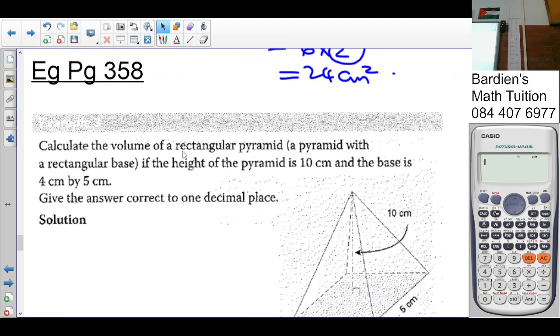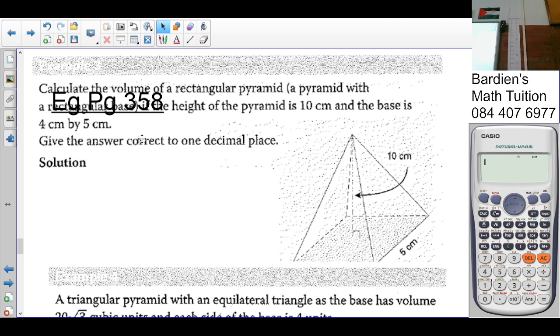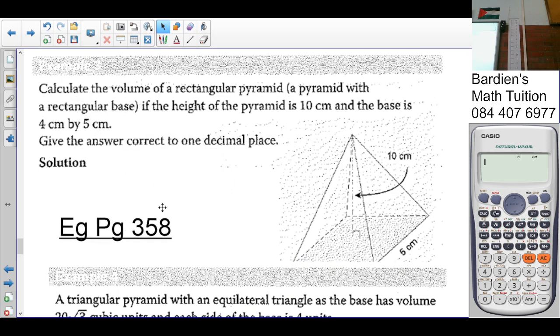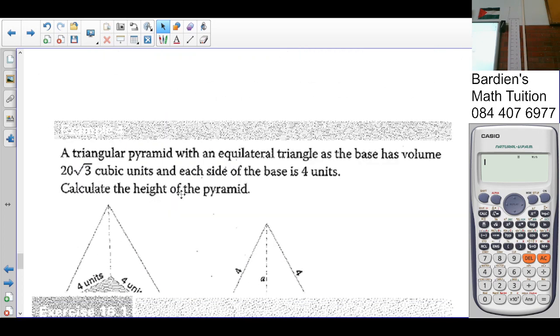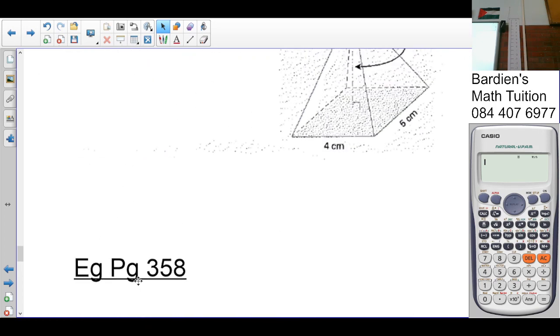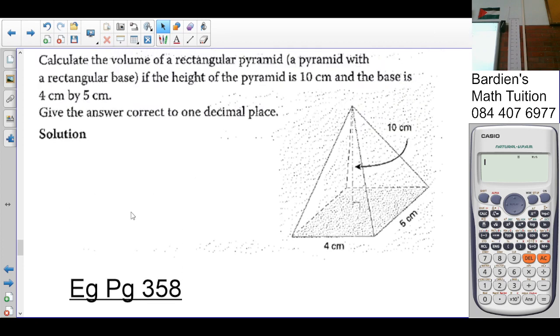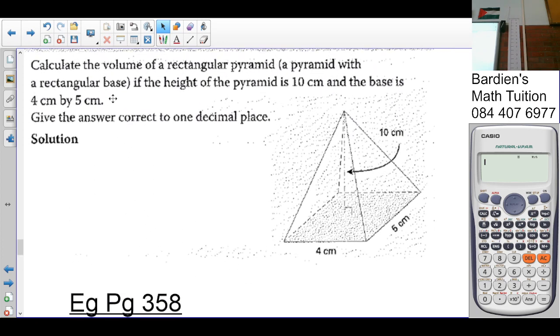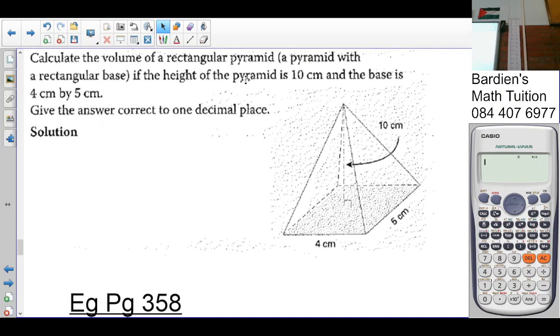Let's look at the third example. The third example is on the same page, correct? On page 358. Here they say calculate the volume of a rectangular pyramid, a pyramid with a rectangular base.